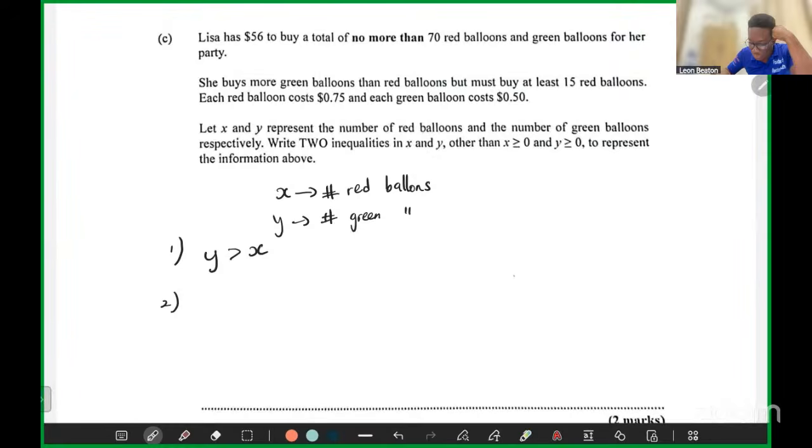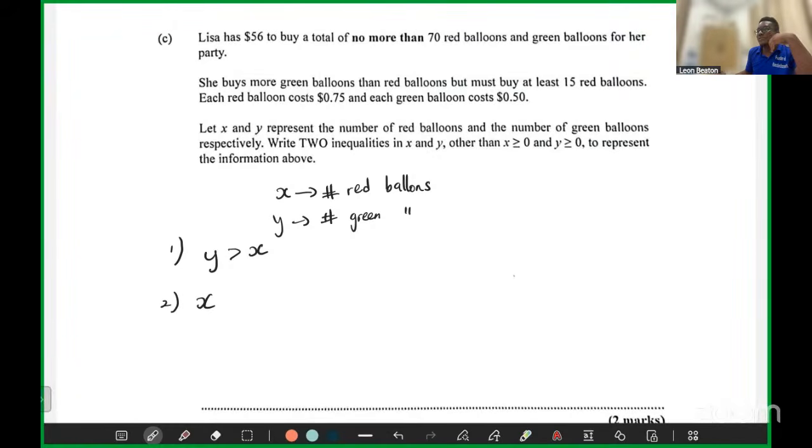And then they also told us that she must buy at least 15 red balloons. Red is X. If somebody tells you to bring at least $1,000, that means it's $1,000 and more.